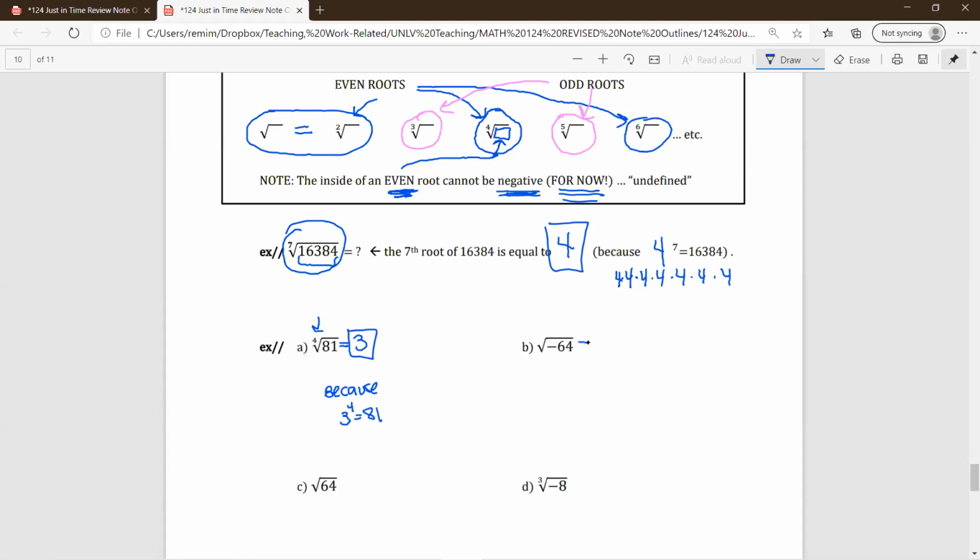How about part B, the square root of negative 64? Well, note, this is an even root because it's the square root of negative 64, and there's a negative inside. So we're going to say that this is undefined.